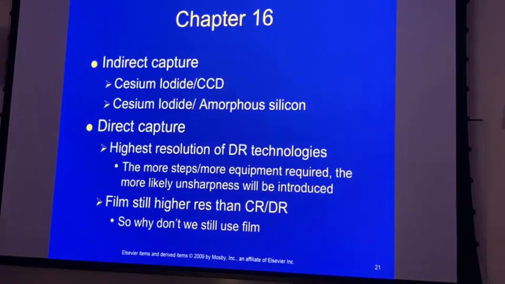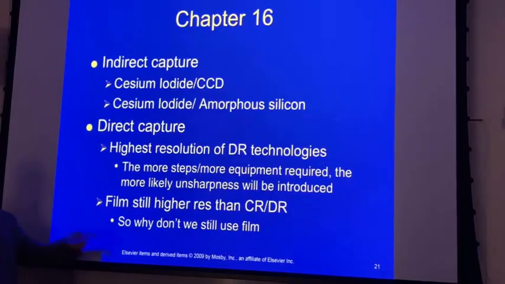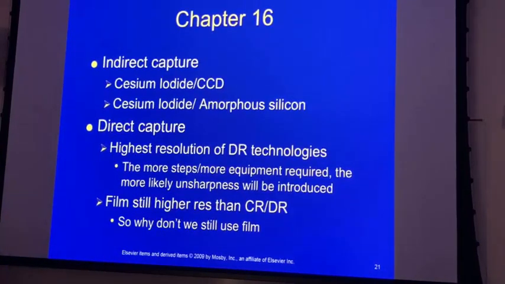All right, so skipping over to chapter 16. We're not gonna spend a whole lot of time on this because I'm gonna do the whole chapter all by itself. But in our DR technologies, we've got three different possible DR plates, and the technologies are different between all three of them. You need to understand that regardless of which one it is, they work a lot like a solar panel.